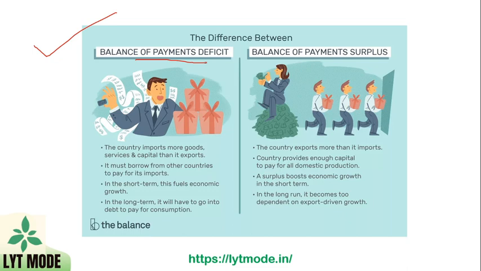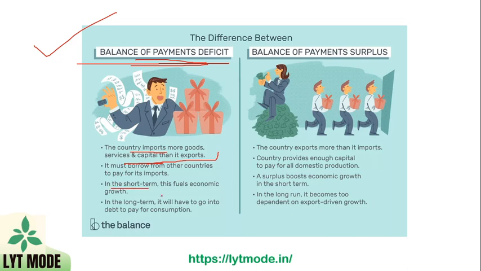Now, when can we say there is a balance of payment deficit? When there is a loss, a negative balance of payment, when a country is importing more but exporting less, importing goods from the rest of the world in a very high amount while the export amount is very low.